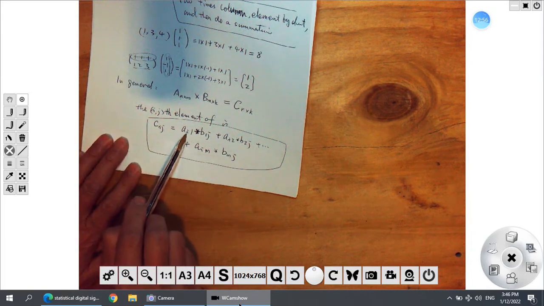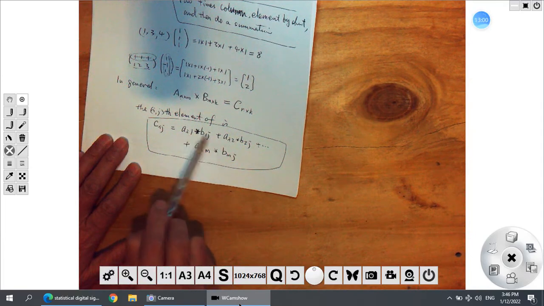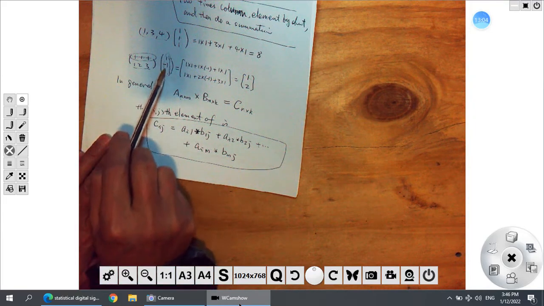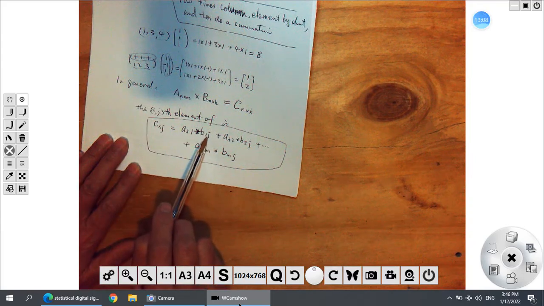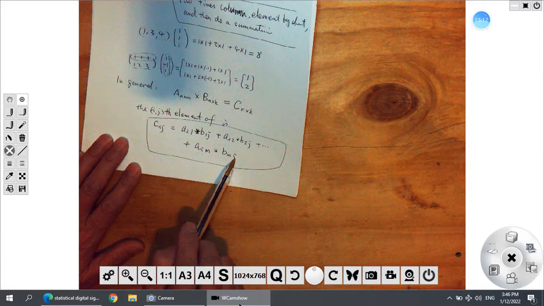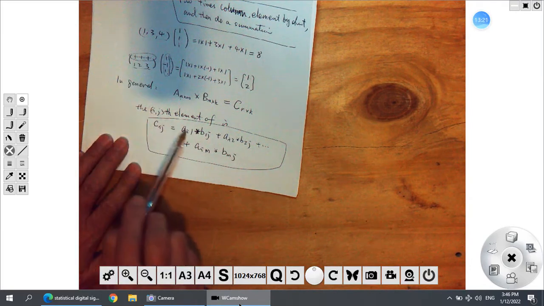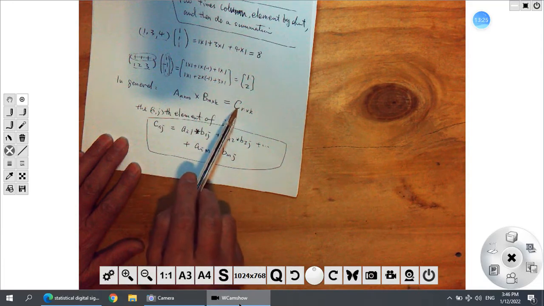So here's the i-th row: i1, i2, up to im. And here's B, elements from B use the same column, column j: 1j, 2j until mj. The second index is the location of the column, right? Same column, so same j. So from a row of A and a column of B, you get an element of C.